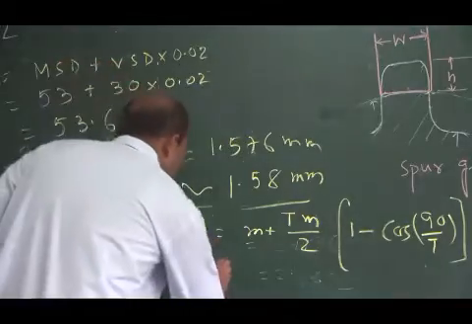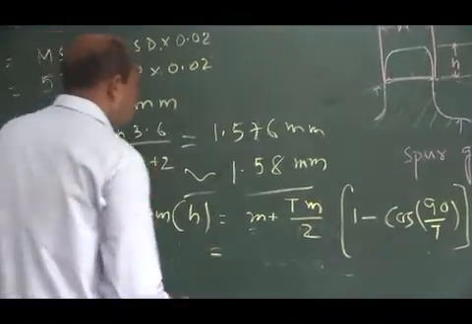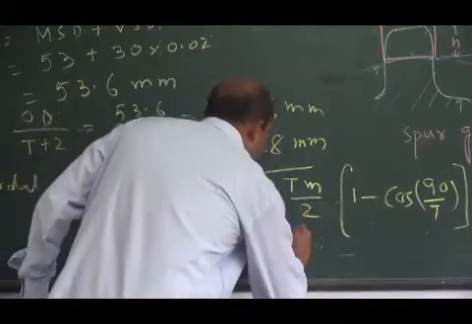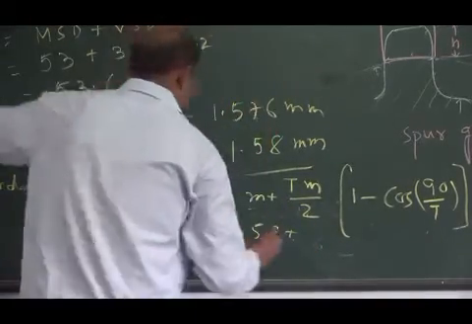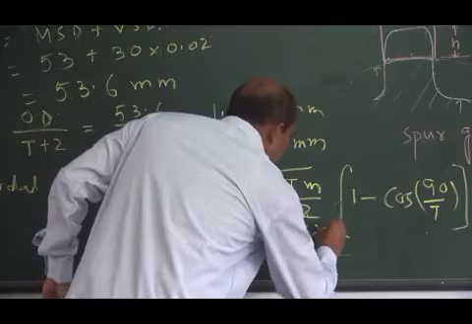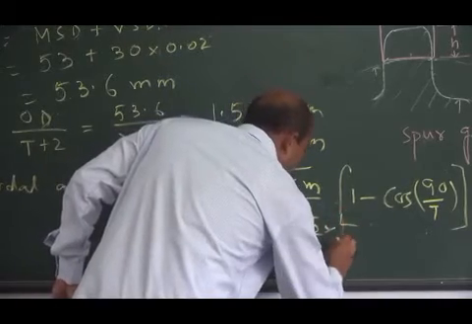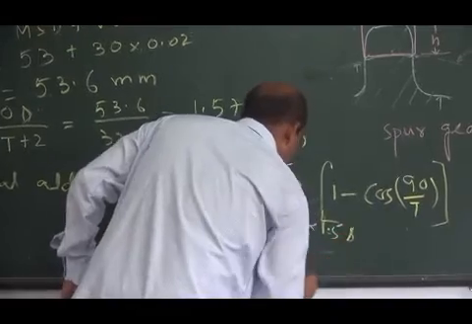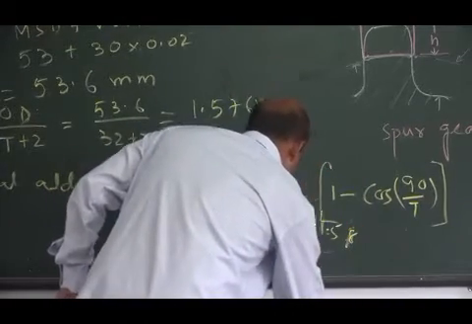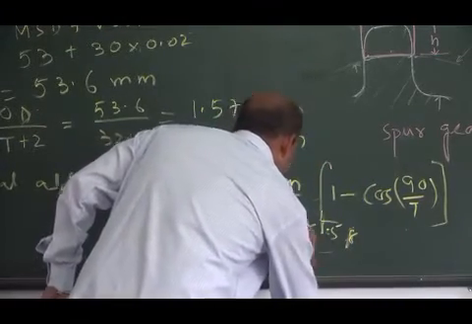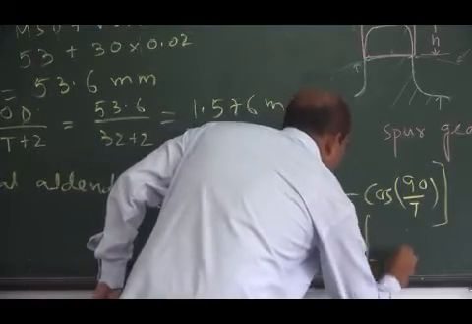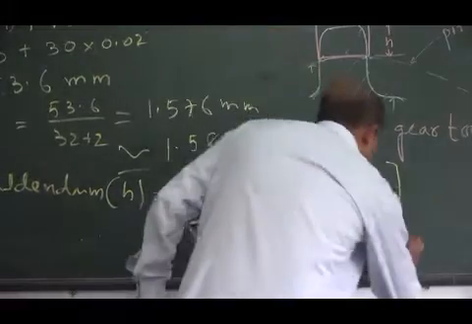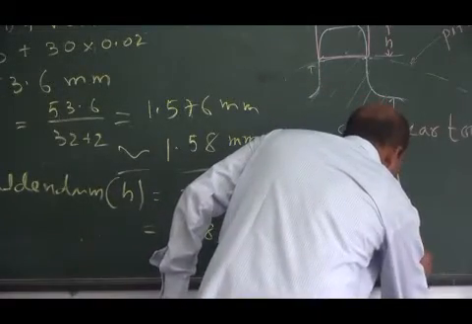Now put this value M, that is equal to 1.58, plus T, that is equal to 32, plus M, that is equal to 1.58 divided by 2, 1 minus cos 90 by 32.